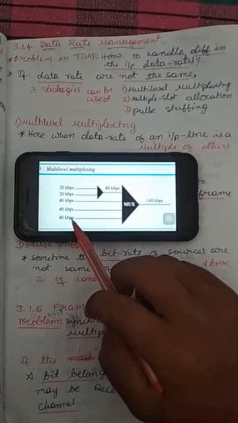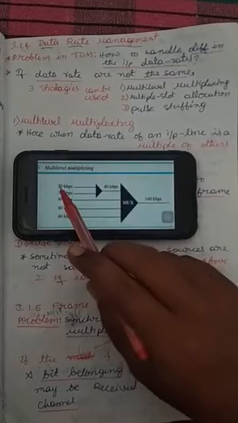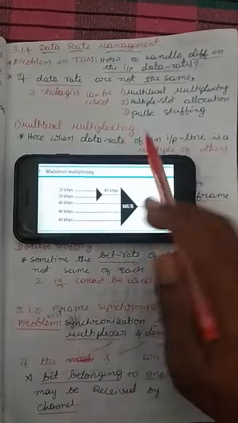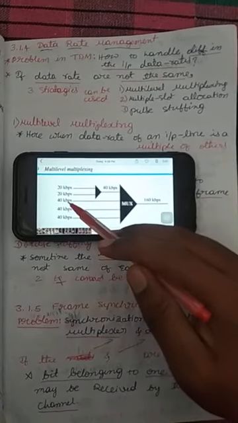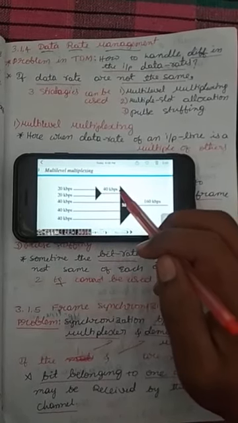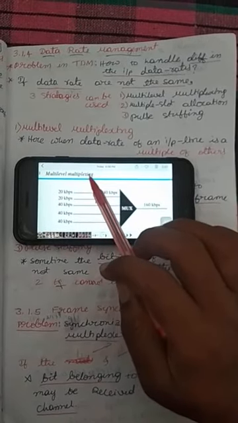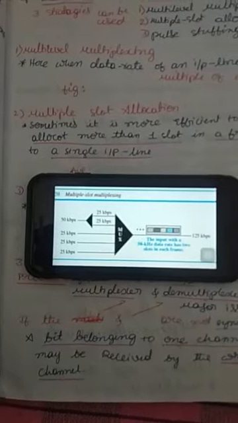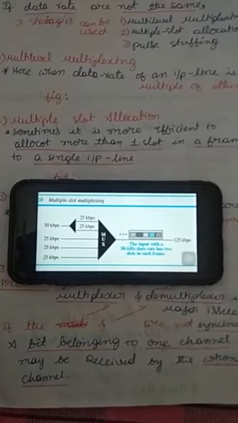But in the first and second, 20 and 20 is there. So you are going to combine these two and make one line, that is 40 kbps. This is multi-level multiplexing.